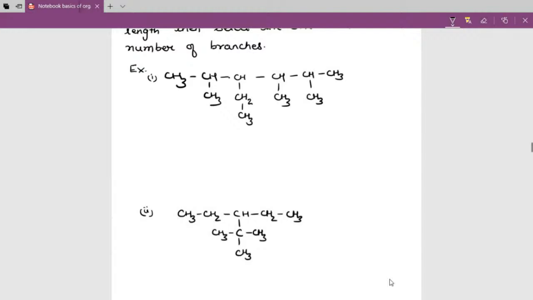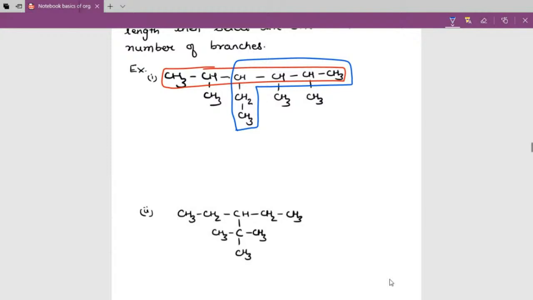In this particular example, 1, 2, 3, 4, 5, 6. 1, 2, 3, 4, 5, 6. The two possibilities of parent chain could be this or it could be this. Which is selected, which is preferred?